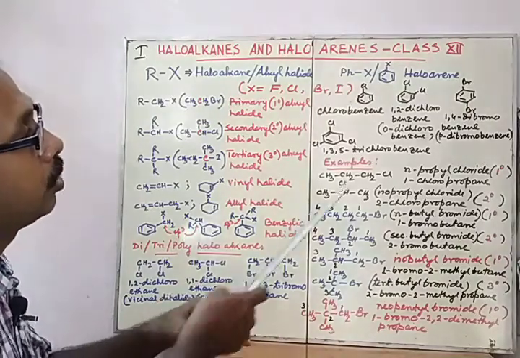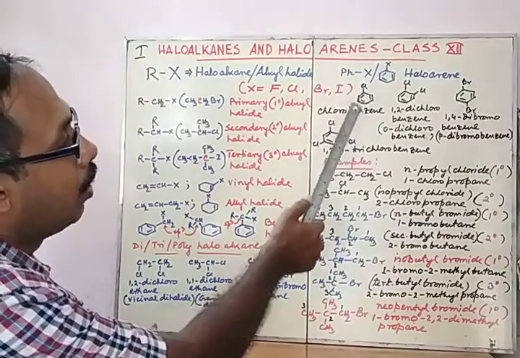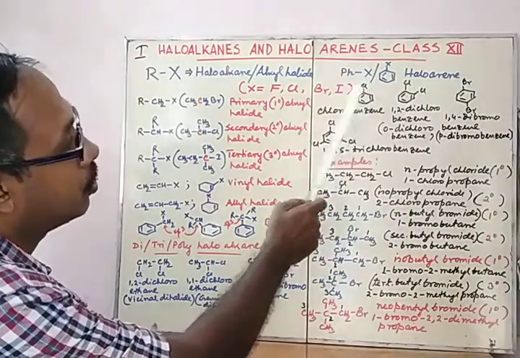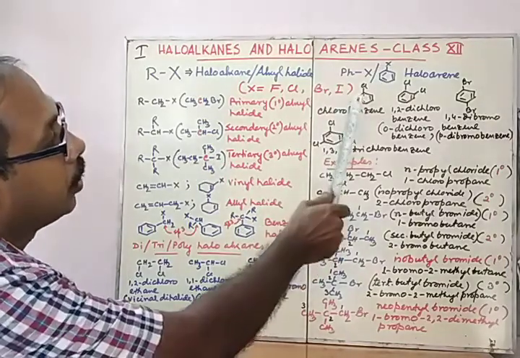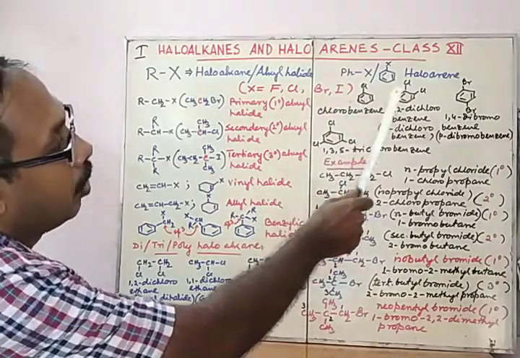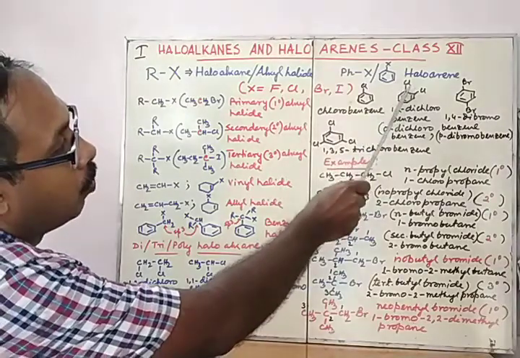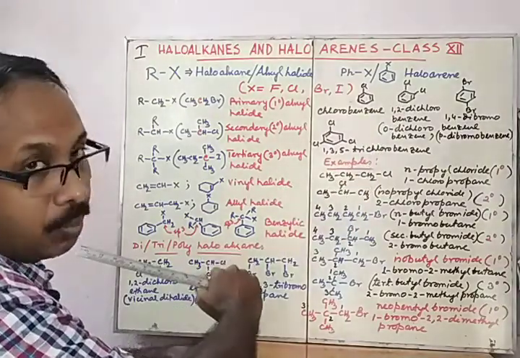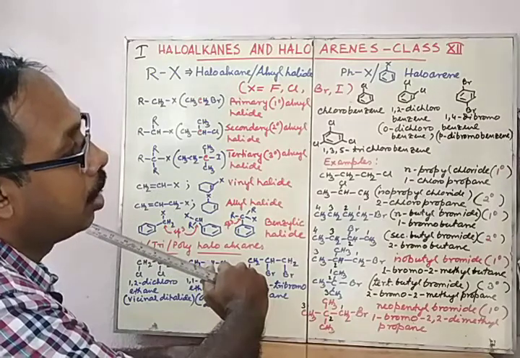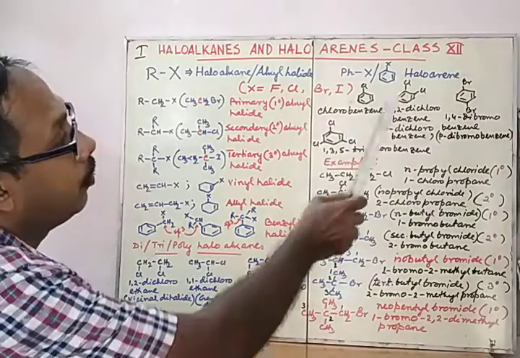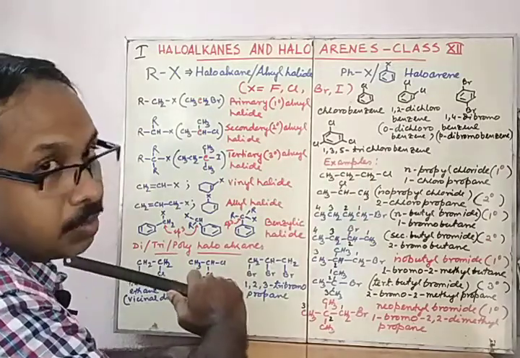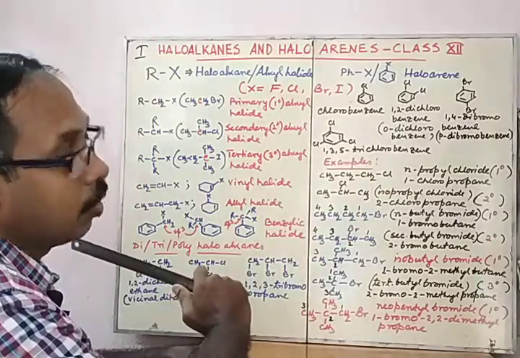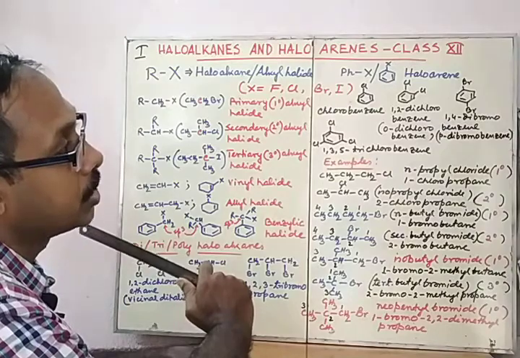Now let us look into these compounds which are haloarenes, where the benzene ring is directly attached to halogen. The halogen is directly attached to the benzene ring. So it is chlorobenzene. Now it is a dihalogen compound, 1,2-dichlorobenzene. It can be named also as ortho-dichlorobenzene. If the chlorine atoms were at the 1 and 3 positions, it can be stated as meta-dichlorobenzene, 1,3-dichlorobenzene.